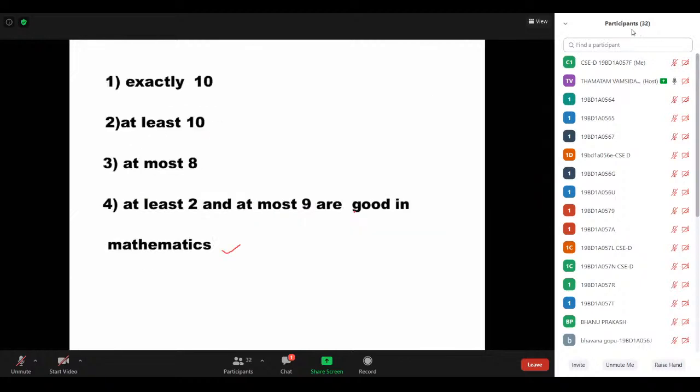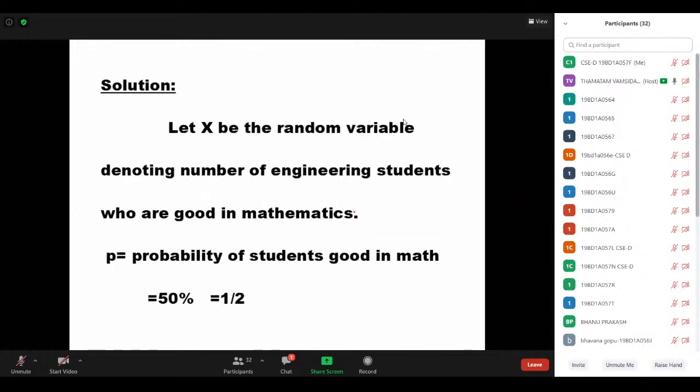I think all of you understood this question. Now we'll see the solution. Let capital X be a random variable denoting the number of engineering students who are good in mathematics. Small p is the probability of students good in mathematics, that is 50%, which means 50 by 100, that value is 1 by 2.